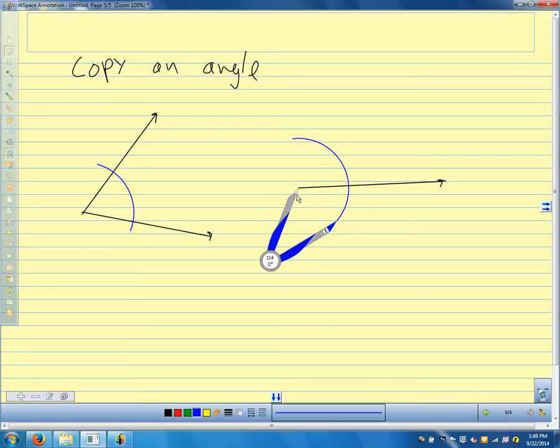Then I'm going to move the compass back and set the point where the arc crosses my angle. And I'll do this one in red. And then I'm going to measure exactly all the way across the angle. So from point to point goes from where the arc crosses the angle to the other side where the arc crosses the angle.